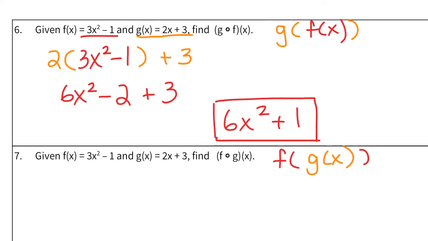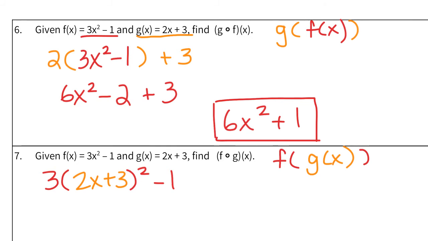Okay, so let's do that with our functions. Since we're starting with f of x, I need to start with 3x squared minus 1, only I'm going to replace the x with a set of parentheses. Now inside that parentheses, we're going to plug in our other function, which is 2x plus 3. Okay, now we want to simplify this as much as we can.